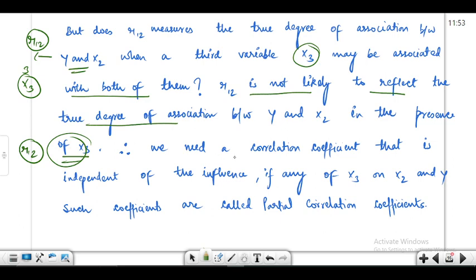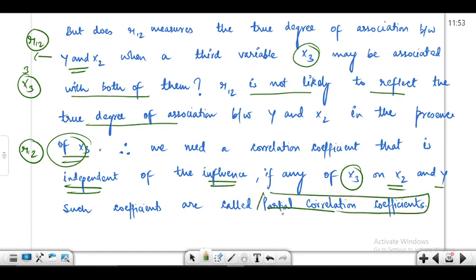Therefore, we need a correlation coefficient that is independent of the influence, if any, of x3 on x2 and y. I hope this makes sense. Such coefficients are called partial correlation coefficients.